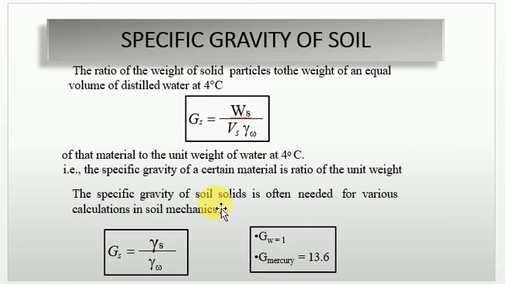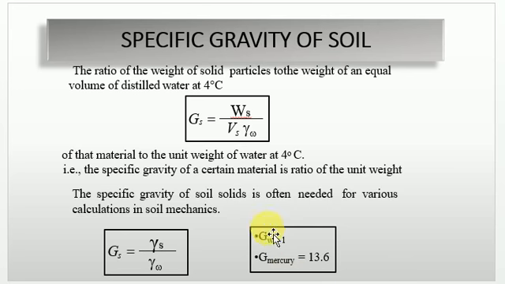So from this equation, G is equal to Ws upon Vs into gamma W. We know that the weight of solid upon volume of solid is nothing but the density of solid, denoted by gamma S. So the equation for specific gravity becomes G equal to gamma S upon gamma W, density of solid upon density of water. Density of water is 1 gram per cc.